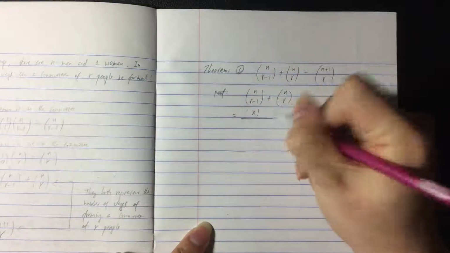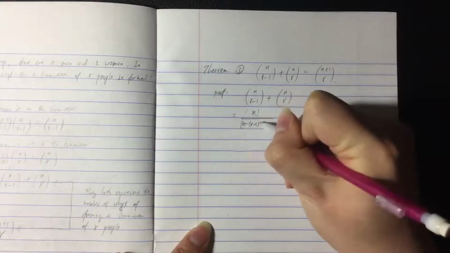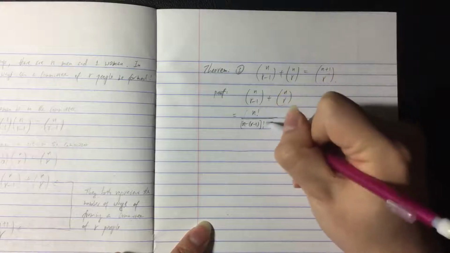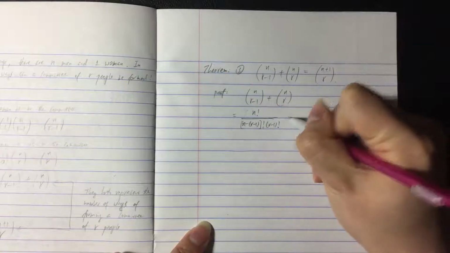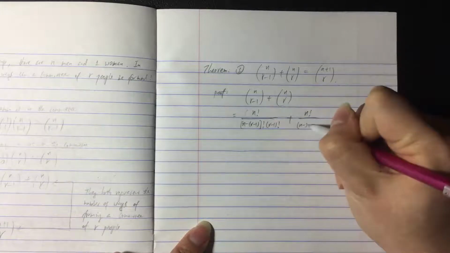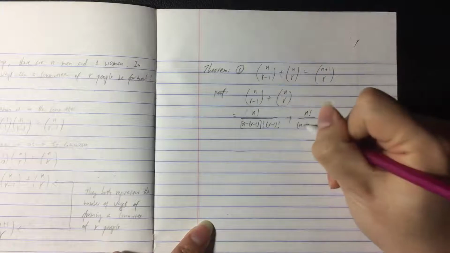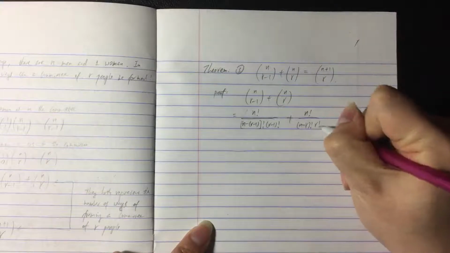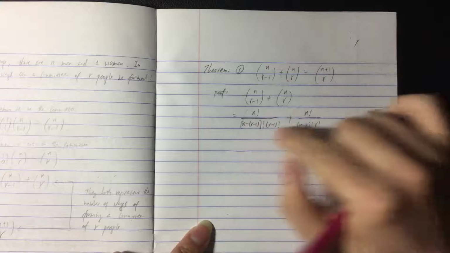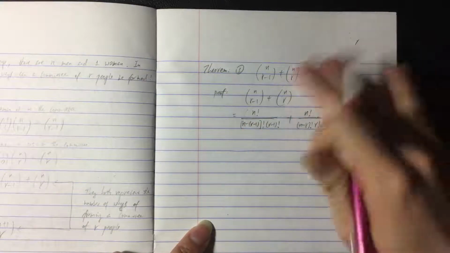n factorial over n minus r minus 1 factorial times r minus 1 factorial, plus the second one, n factorial over n minus r factorial times r factorial. When we try to add 2 fractions, we try to make the denominator the same.